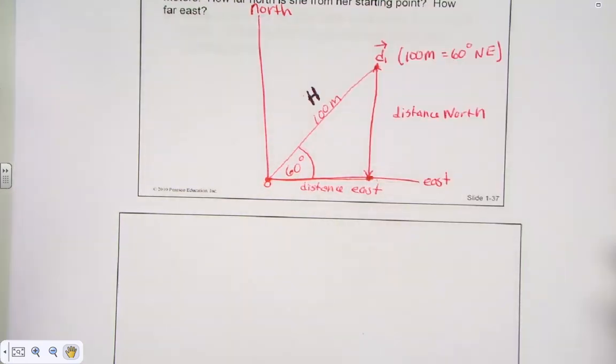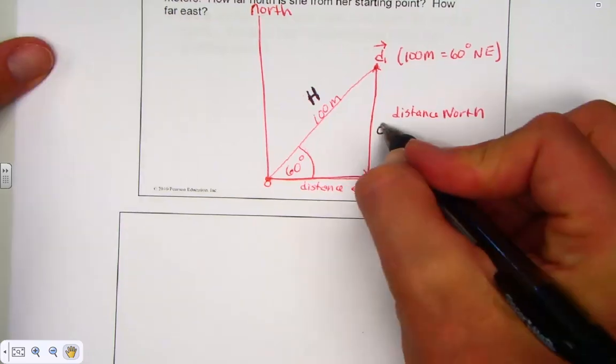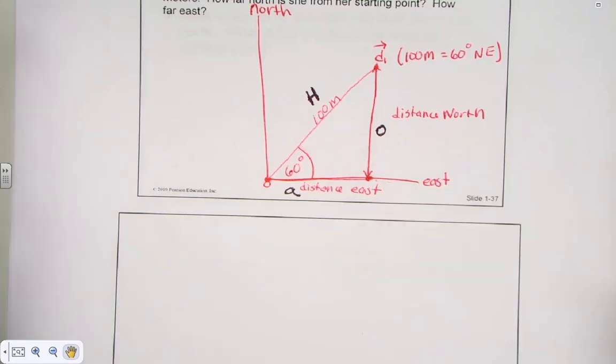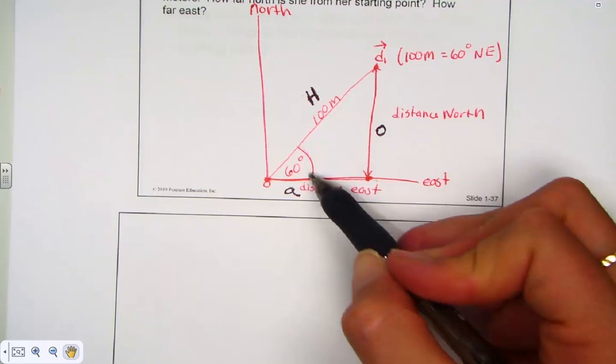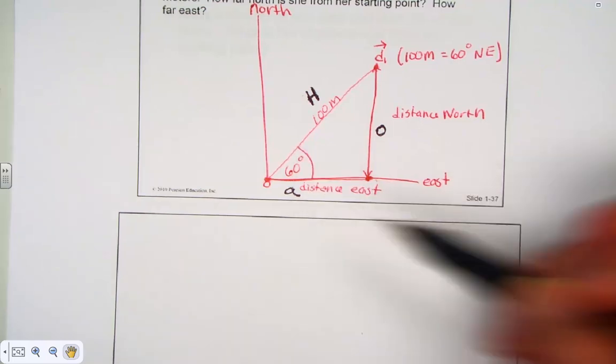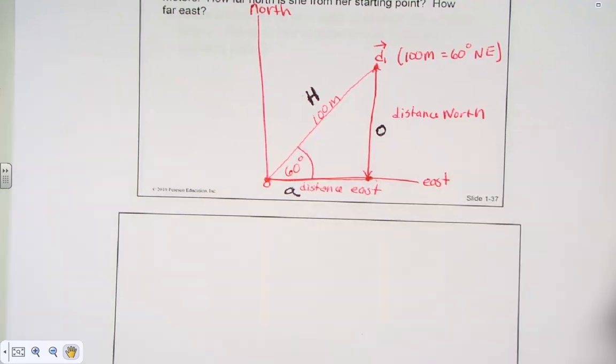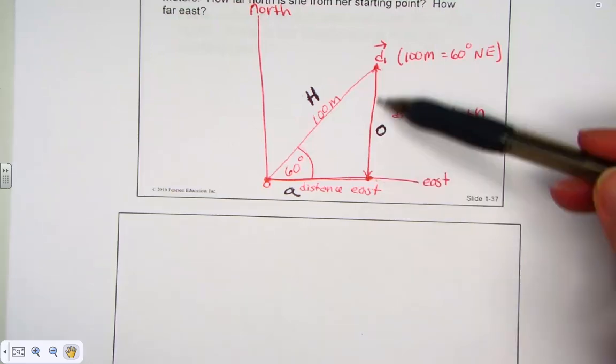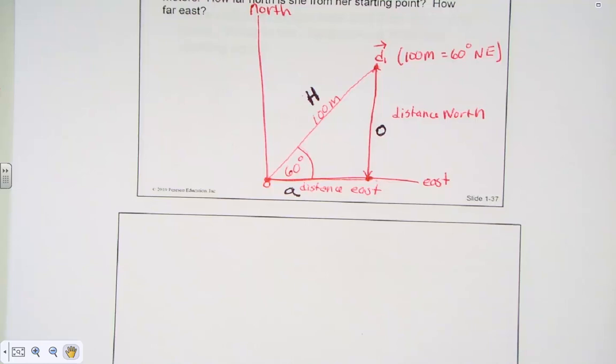The opposite side of our triangle, side O, and the adjacent side of our triangle, side A. We know the angle called theta is 60 degrees, and we know the hypotenuse is 100 meters. Let's start then by finding the distance north of start. Let's find side O.